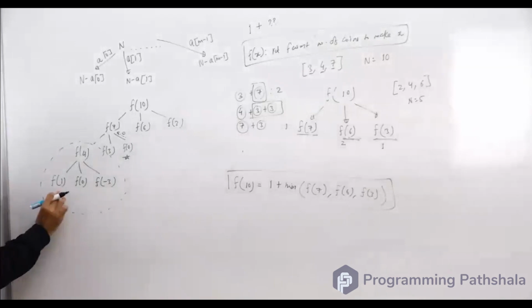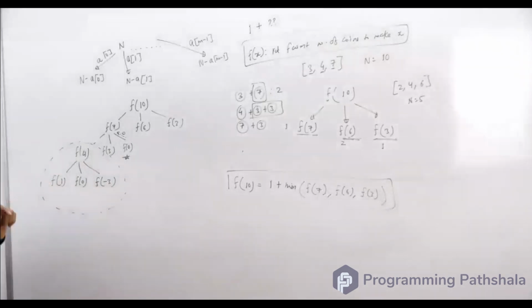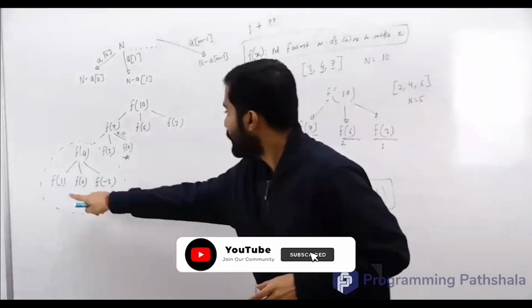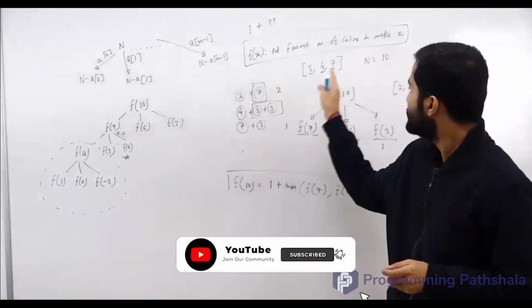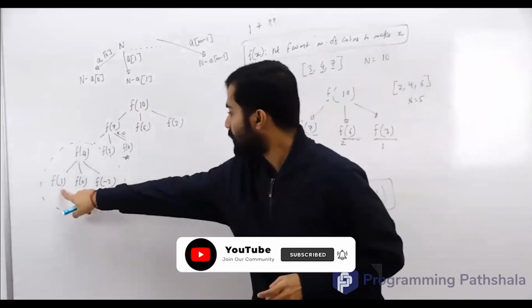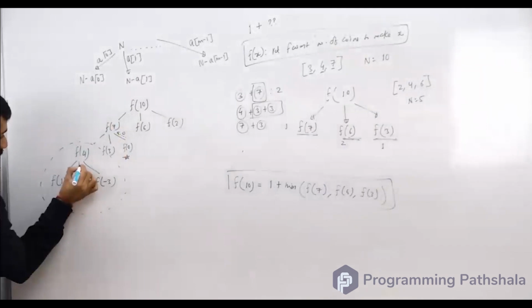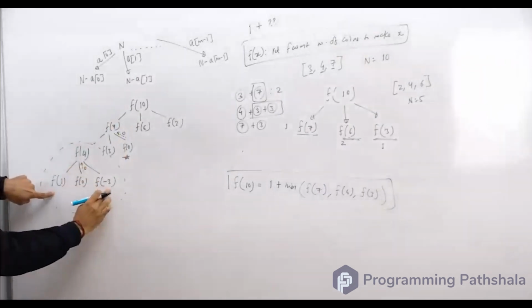Now think, what should f of 1 ideally return from here? Given this denomination, 1 cannot be made. When you look at f of 0, because of this termination condition, I can return 0 from here. Now, these are the impossible things.